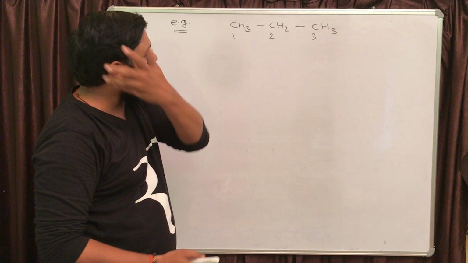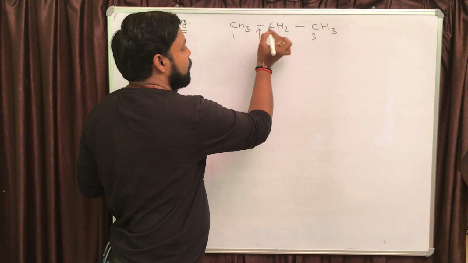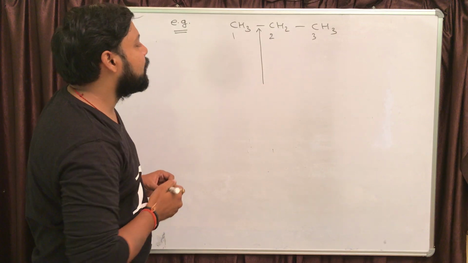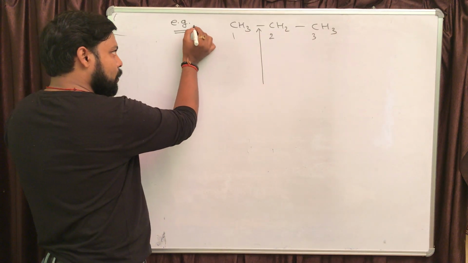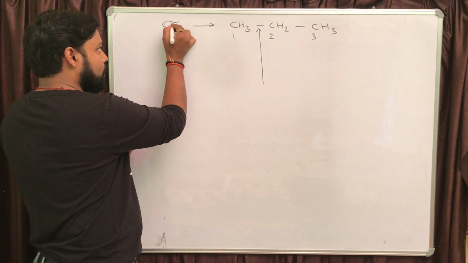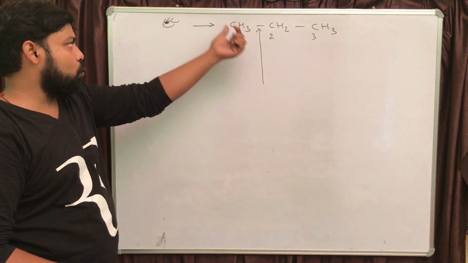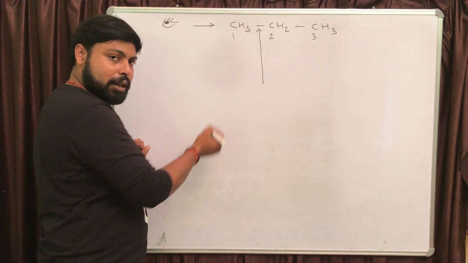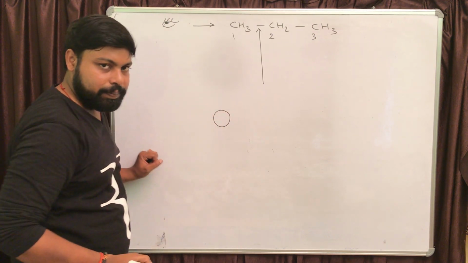So for now I am going to take the single covalent bond of carbon number 1 and 2, right? Now next, I am observing this molecule from left side. So the front side carbon, which is towards the observer, is going to be first carbon atom, and first carbon atom will be represented by circle.